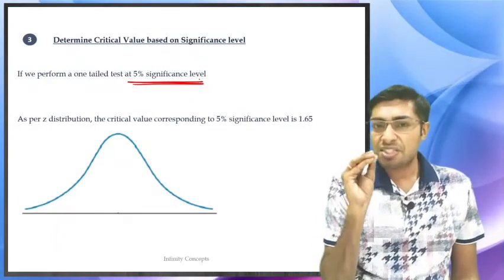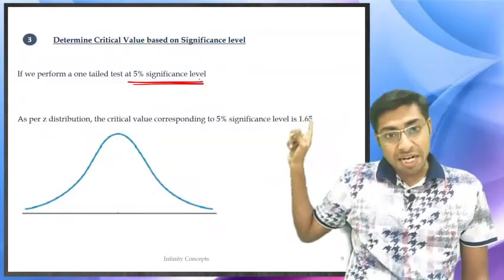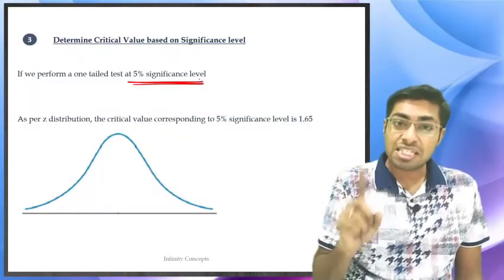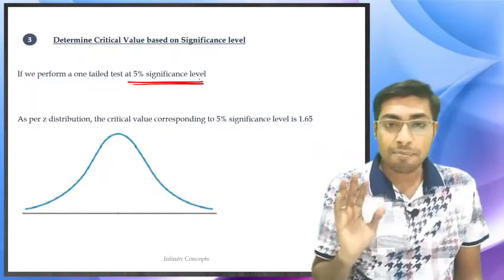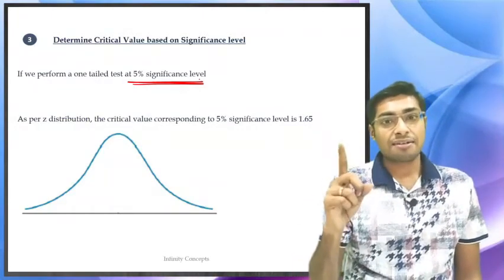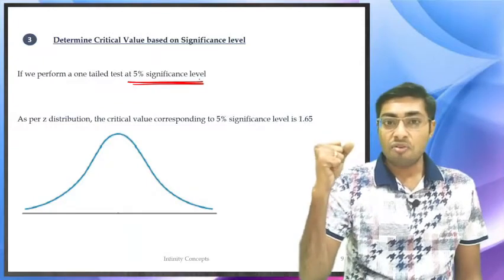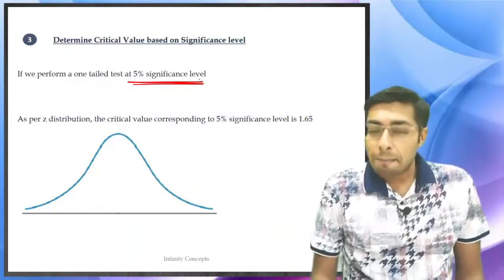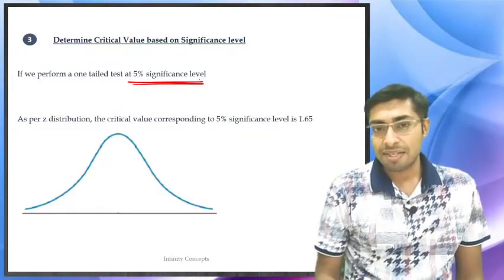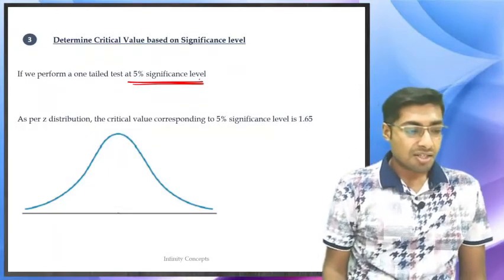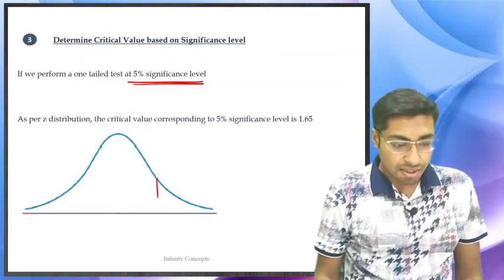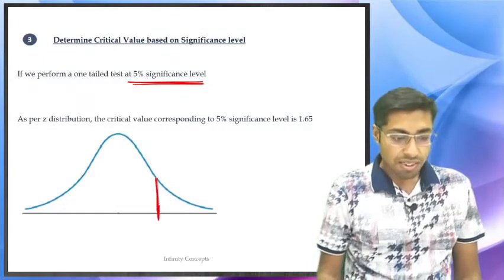There is still a 5% chance that after I make this statement, do the hypothesis testing, and get it correct by rejecting the null hypothesis, I am very happy now and can say to the world that I am saying this with 95% confidence that the returns are more than 4%. But there is still a 5% chance that the returns may be less than 4%. This is what significance level is. So if we perform a one-tailed test at a 5% significance level, it means your significance level is over here.